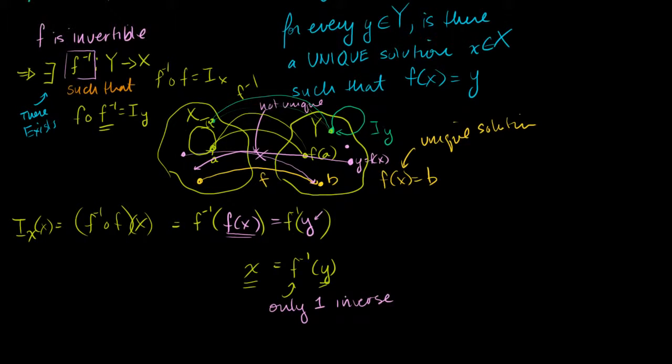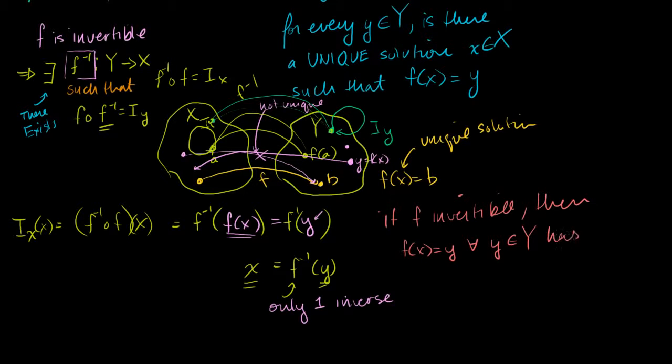So let's write this down. So we've established that if f is invertible, then the equation f of x is equal to y, for all y, a member of our set y, has a unique solution.